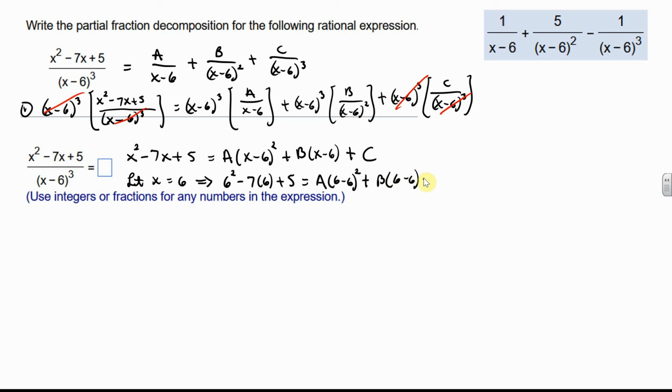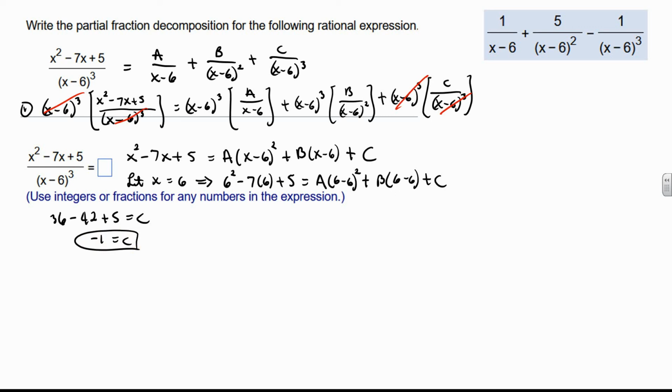That's going to go out, plus c. So here I have 36 minus 42 plus 5. That's equal to c, right? And so here I get 41 minus 42, so I get negative 1 is equal to c.